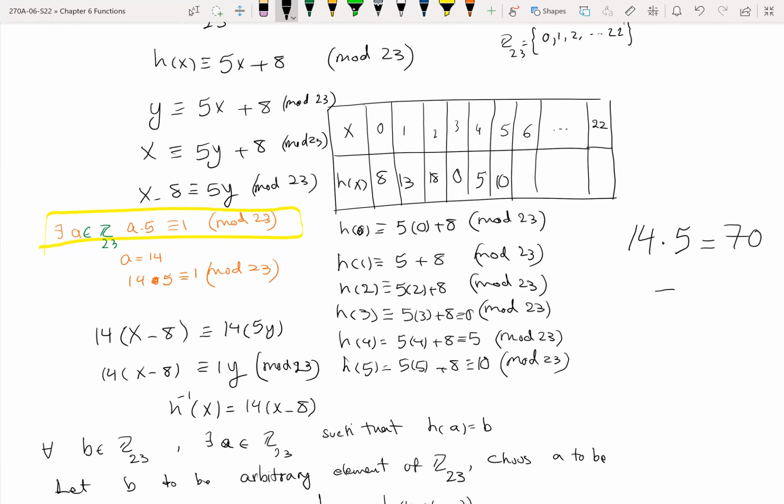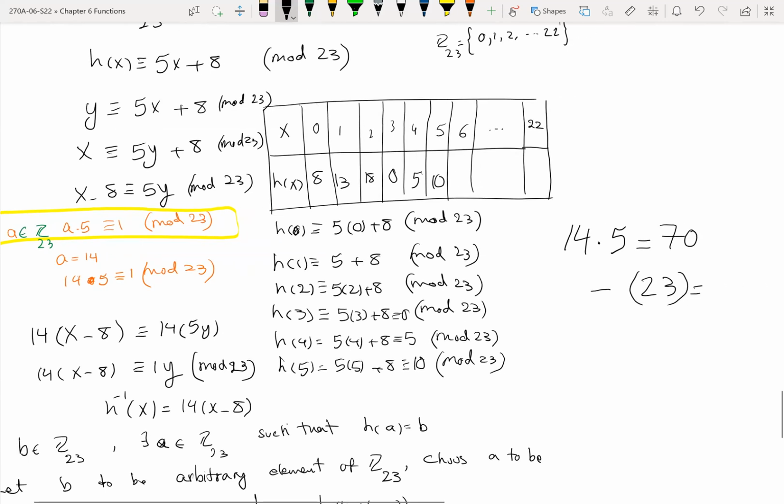Then I was guessing, which multiple of 23 is close to 70? 2 times 23 is 46, so it's far from 70. 0 times 23, no, it's far from 70. 1 times 23, no, it's far from 70.